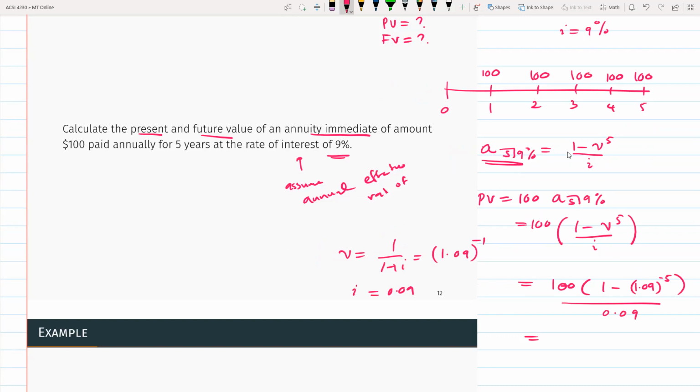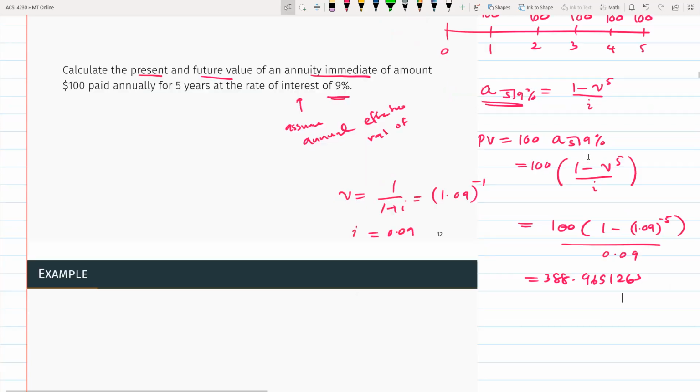Let me use my calculator and find out the answer. 100 times 1 minus 1.09 to the power negative 5, divided by 0.09. So I would get 388.9651263. That's the present value.